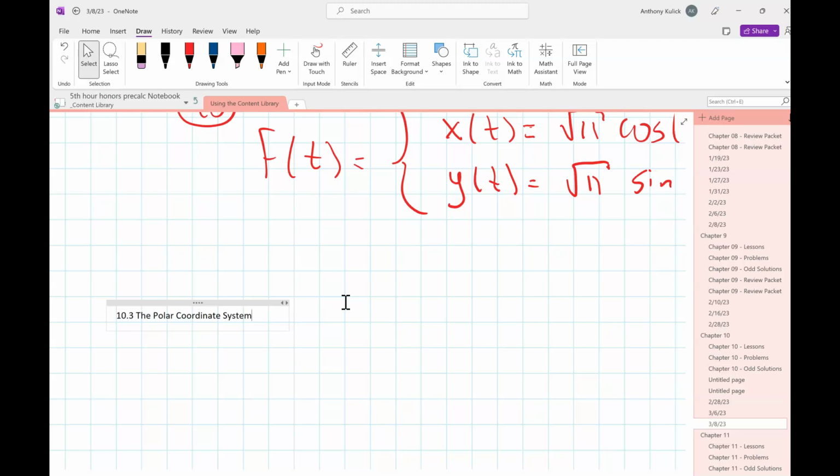Now, parametric was easy, relatively, because we're still just plotting x's and y's. In a polar coordinate system, we're not plotting x's and y's anymore. The way we plot points is fundamentally different, and the axes are fundamentally different. So this requires a little bit more introduction. Rather than diving directly into polar functions, we have to talk about how we even plot a polar thing.